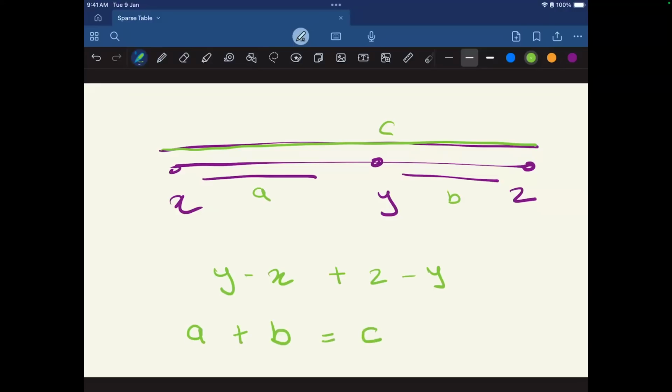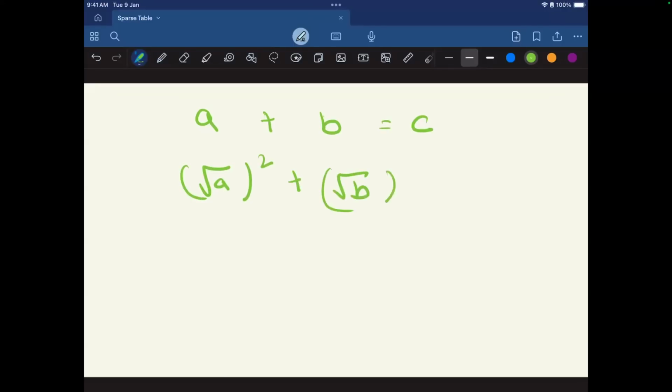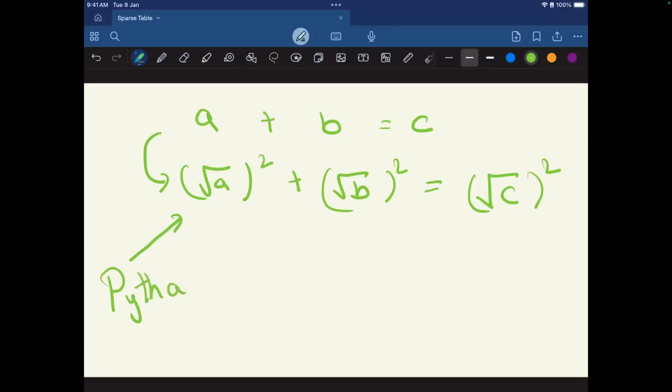Yes or no? Let me make this simpler for you. A plus B is equal to C, or we can say that square root of A, where square root of A is an integer, plus square root of B, where this is an integer, equals square root of C, where this is an integer. This is what is followed. Yes or no? This can be written like this. Okay. Now, guys, what is this? This is nothing but Pythagoras theorem.